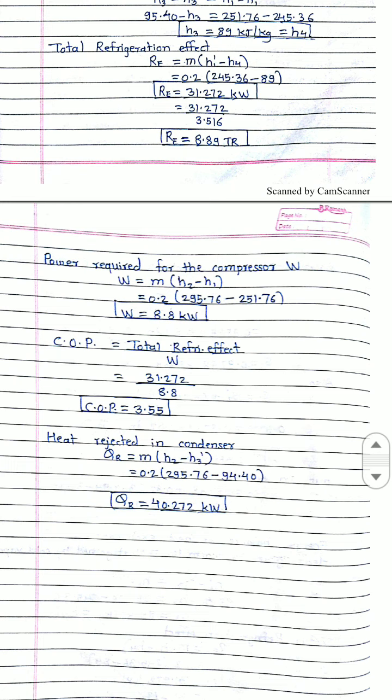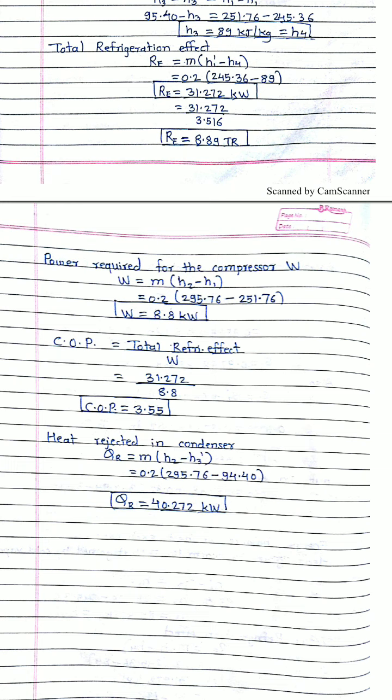Now the second part is to calculate the power required. Same formula: W = Mr into (H2 minus H1). The mass flow rate is 0.2, H2 that we have calculated is 295.76, and H1 is 251.76. Therefore the power required for the compressor is 8.8 kilowatt.